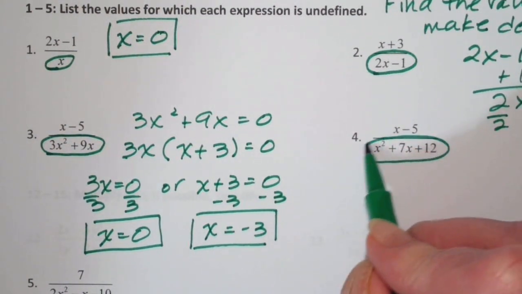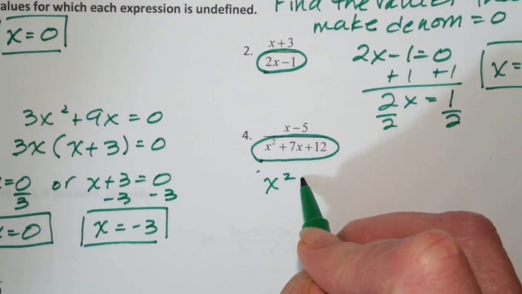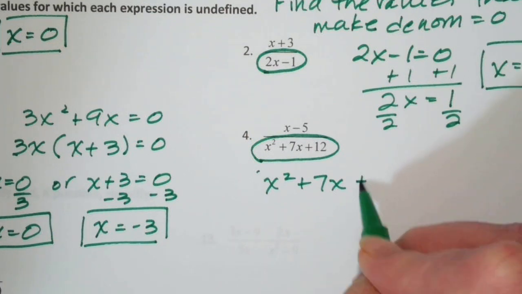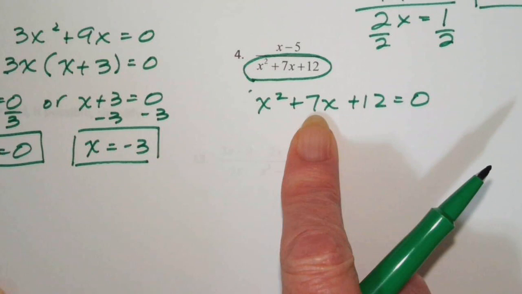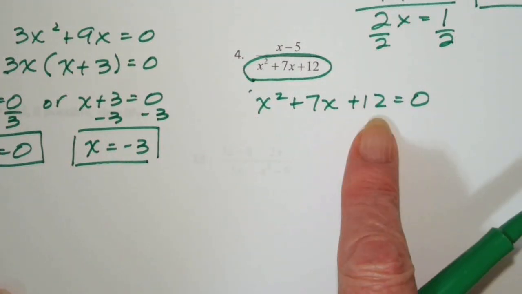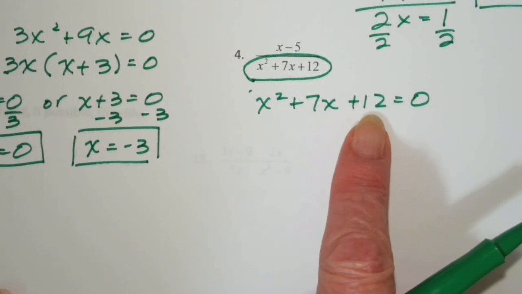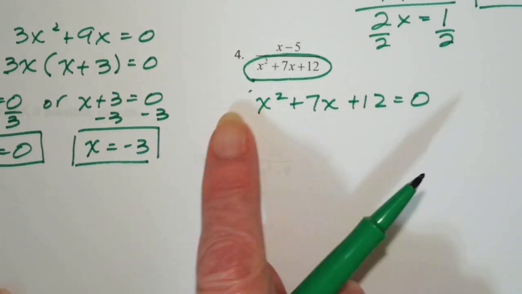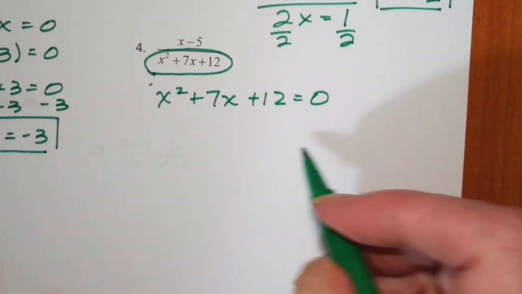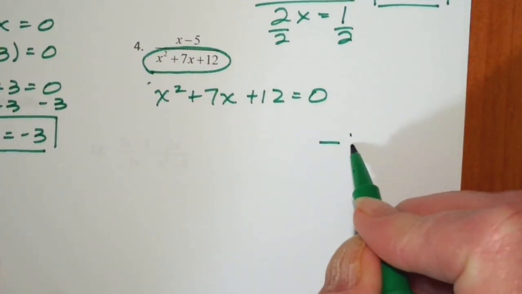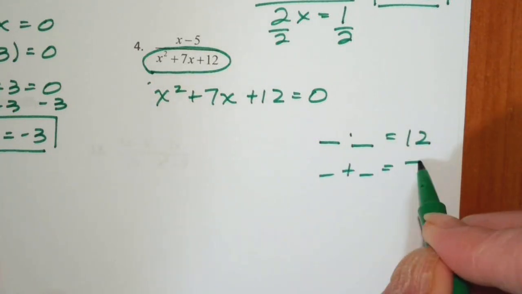Here I also set the denominator equal to 0. So if I have x squared plus 7x plus 12 is equal to 0, it's a quadratic, so I have to solve it by factoring. Since there are 3 terms, there is no greatest common factor other than 1. The leading coefficient is 1, so what I'm looking for now are 2 numbers whose product is 12 and whose sum is 7.